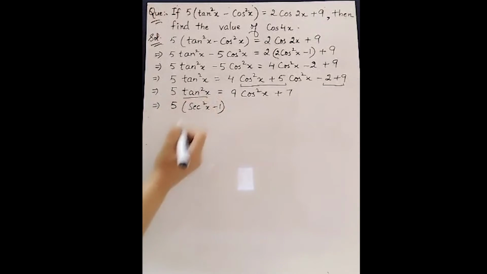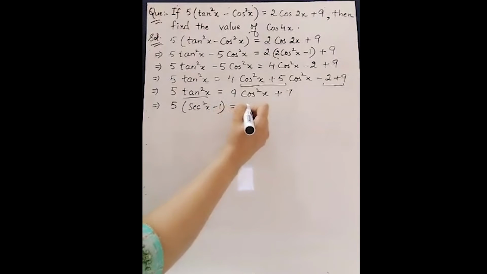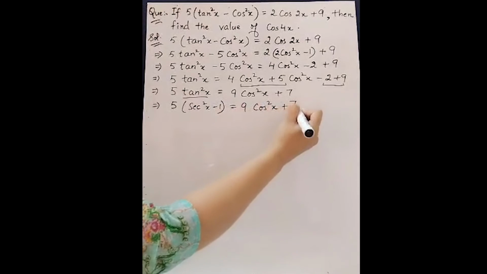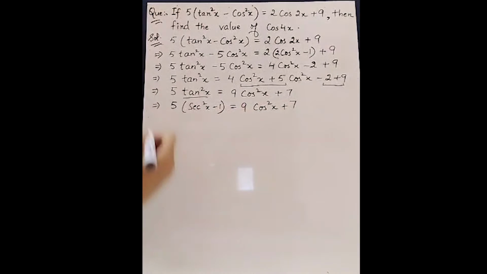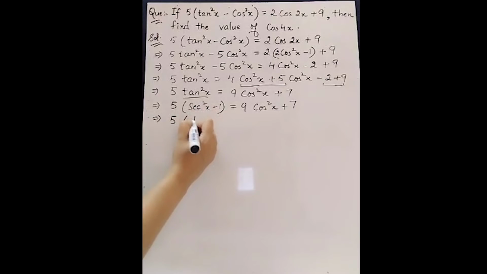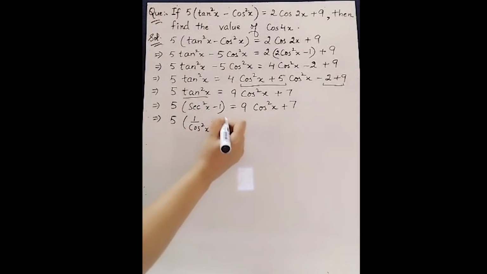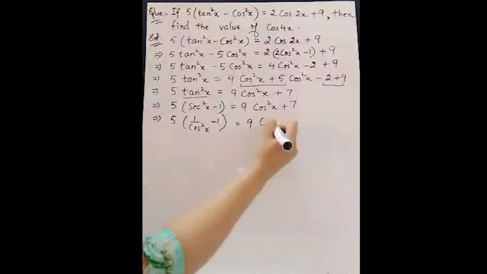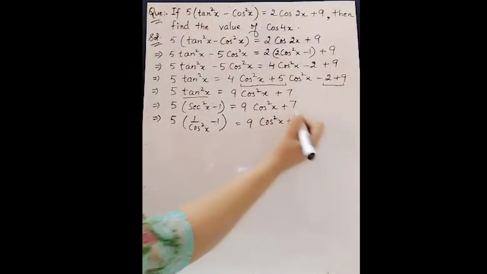This is also an identity: tan square x is equal to secant square x minus 1. Again, 9 cos square x plus 7 as it is. Now 5 as it is, and secant square x we can also write as 1 by cos square x, minus 1 in the numerator, which is equal to 9 cos square x plus 7.